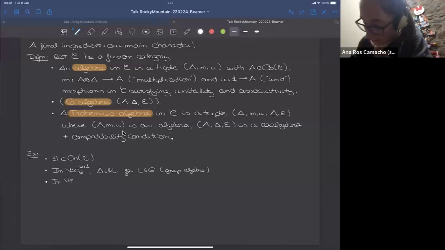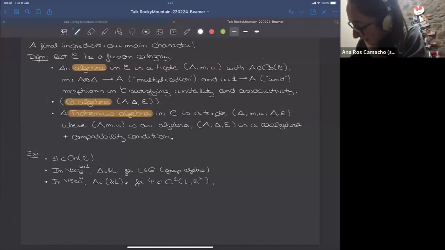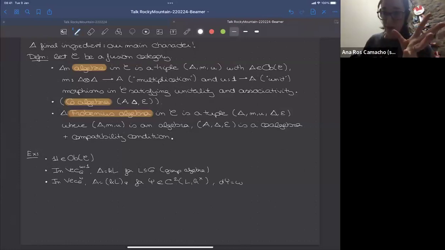And in fact, for G with omega, as I was saying before, I have these twisted group algebras, from this result by Ostrik and Natale. So this psi here is actually a 2-chain. It needs to satisfy a certain condition relating it to the 3-cocycle. I'm not going to go into that in detail.